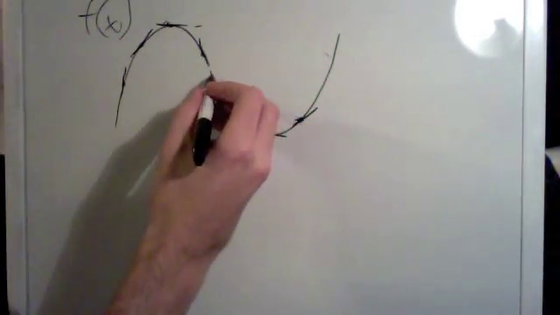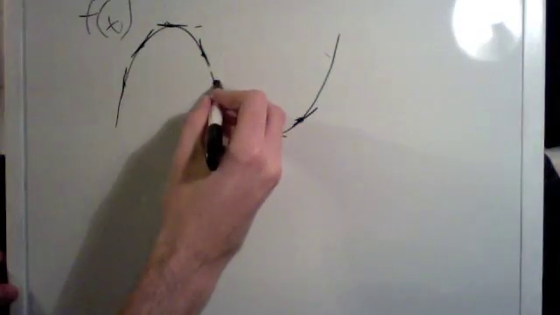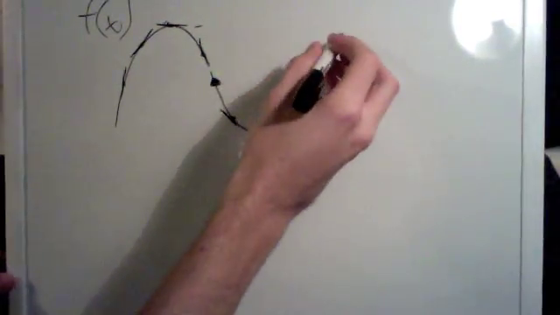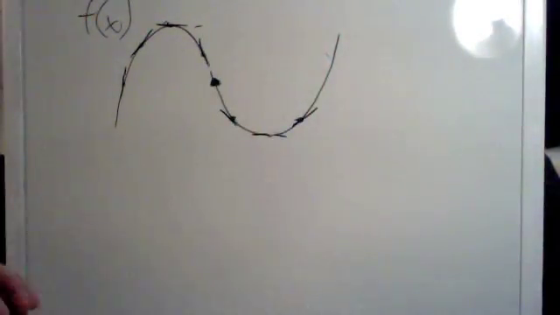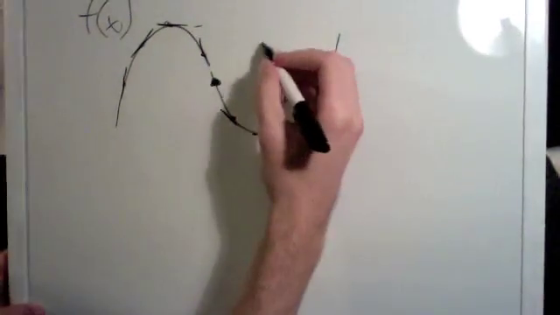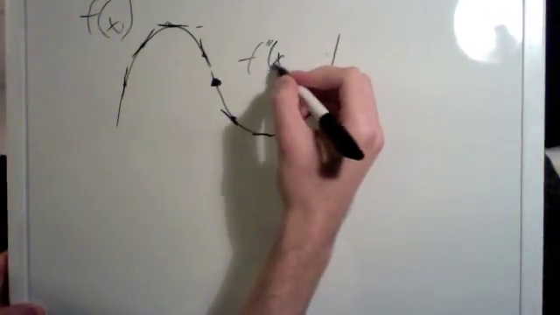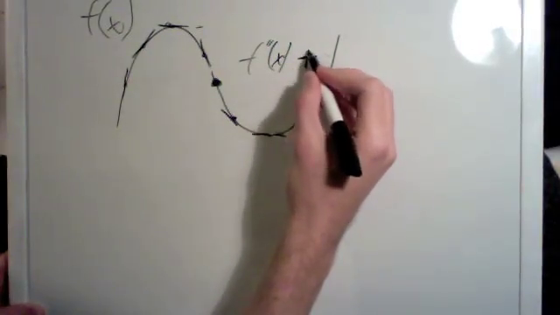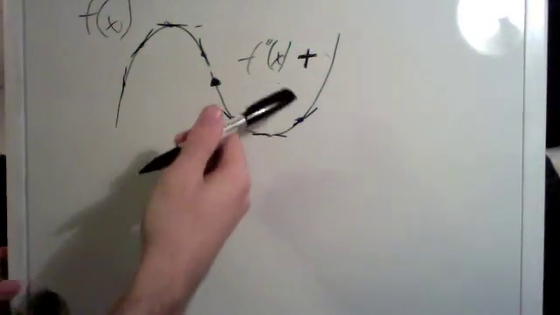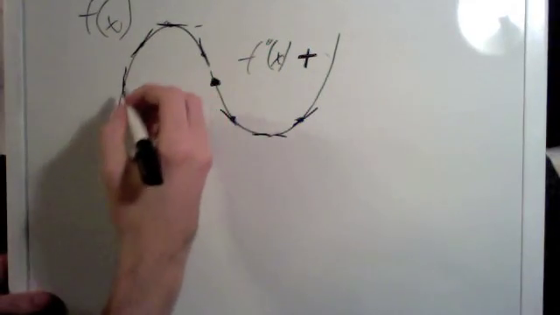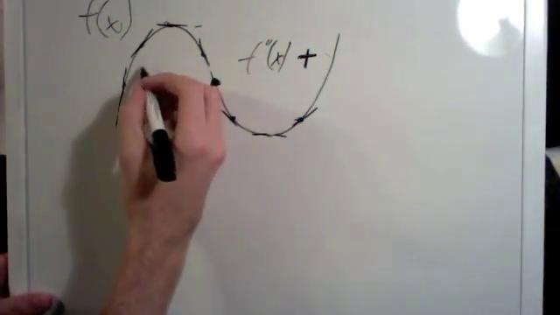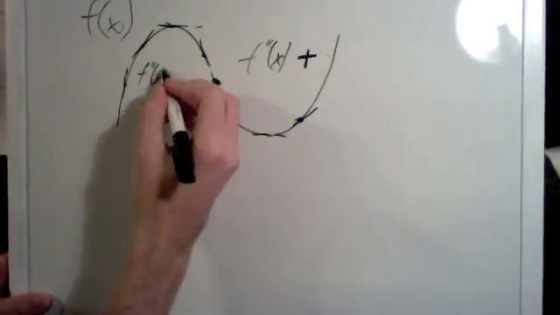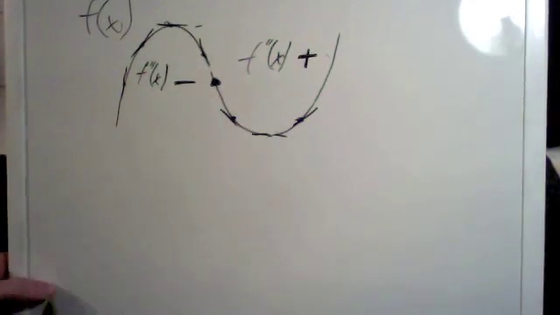That tells us that from about here, where it changes concavity, to here, where our segment ends, the f double prime of x is positive. So concave up is positive, and from here to here, f double prime of x is negative.